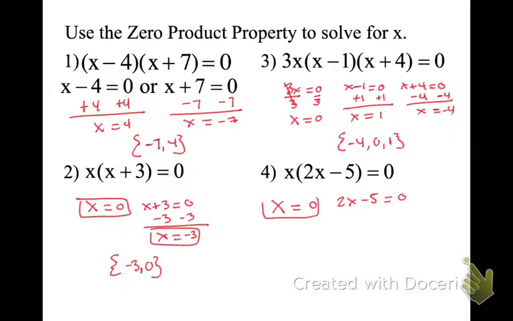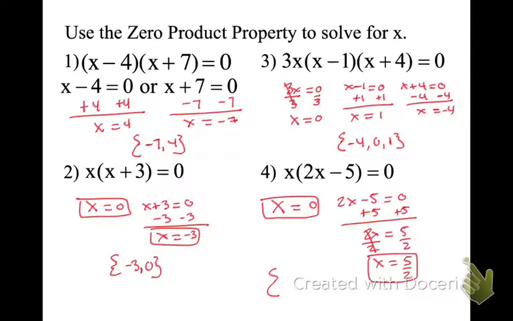Okay, this one's done. So here I have to get my x alone. So I get 2x equals 5, divided by 2, and x is equal to 5 over 2. So my solutions are 0 and 5 over 2. And you can leave it in that reduced improper form.